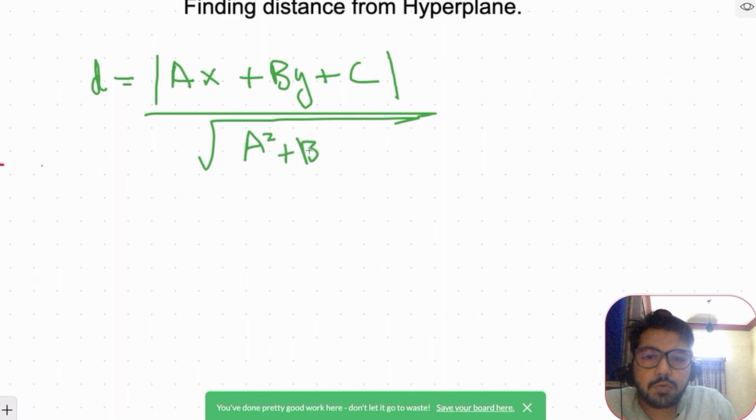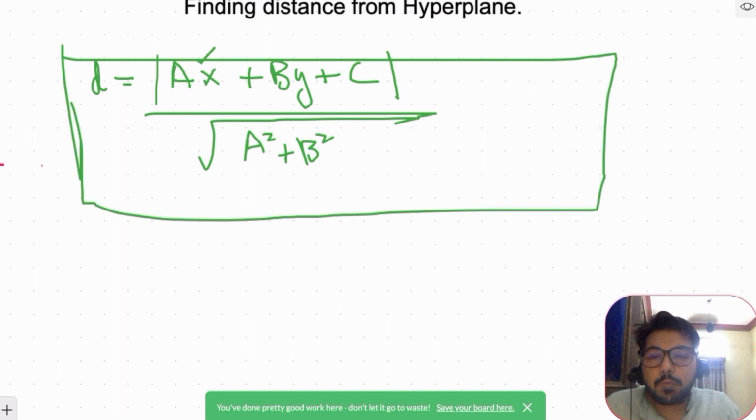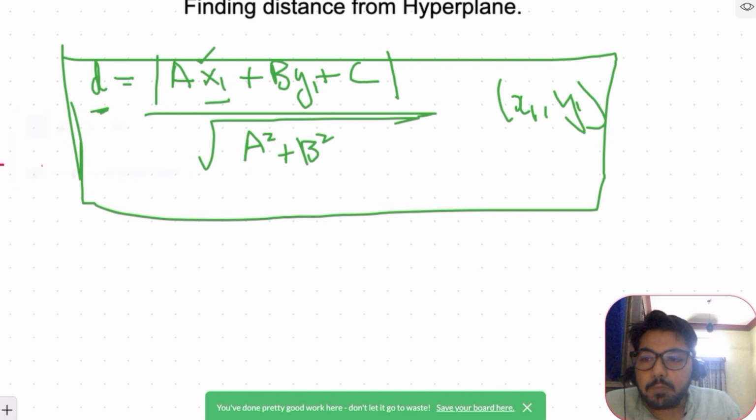This is a standard equation for finding the distance between a point and a line. Here we would simply replace these x values with the point values. For example, if you want to find the distance for x1 and y1, we simply replace x1 and y1 and calculate the distance between the point and the line.